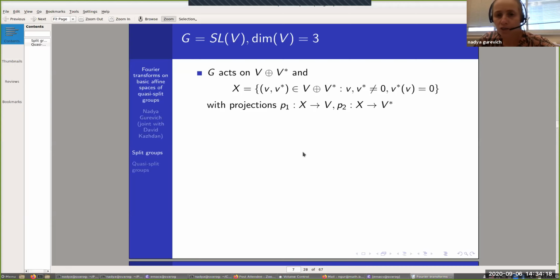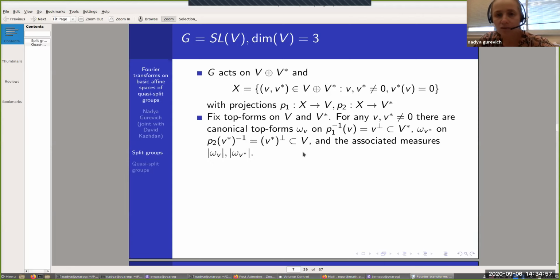We have two projections onto 3-dimensional space, so the fiber of each projection is 2-dimensional. And now we shall define the Fourier transforms on the space X. That's what we call Fourier transforms corresponding to simple reflections in the Weyl group. This is a group of rank 2, so there exist two simple reflections, as Fourier transforms along the fibers of these projections.